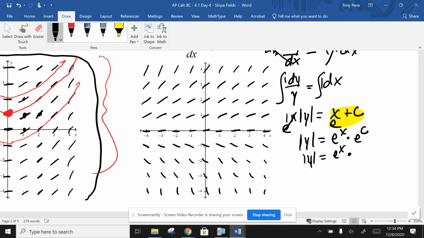If I have e to the x, remember what e is. Remember e is about 2.7-ish. So for the sake of what we're going to talk about right here, if I tell you to take 2.7 and raise it to an unknown number, what would 2.7 raised to an unknown number give us right here? What do we think?